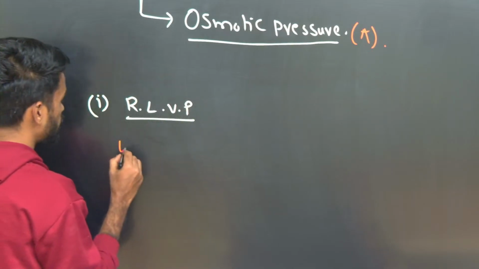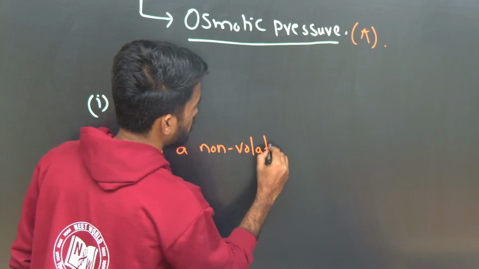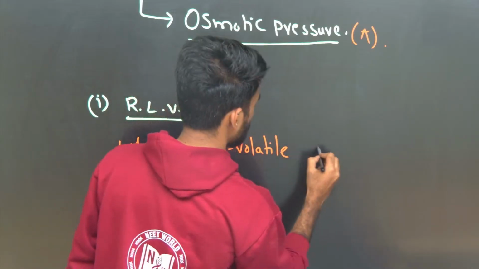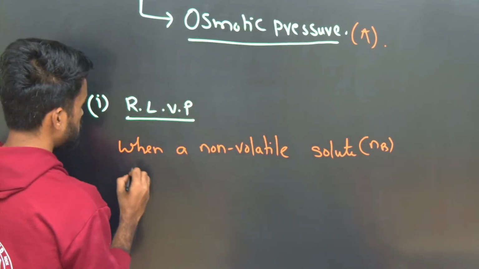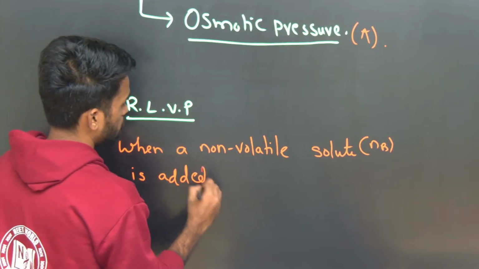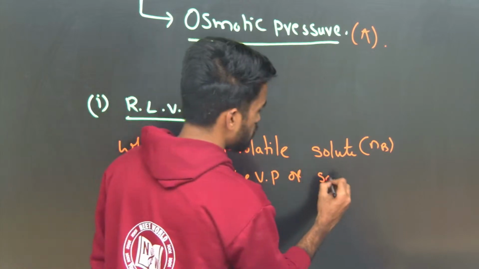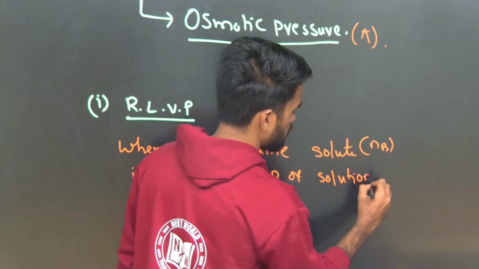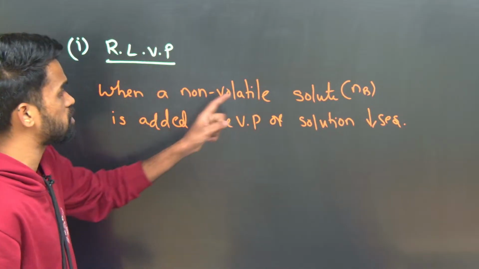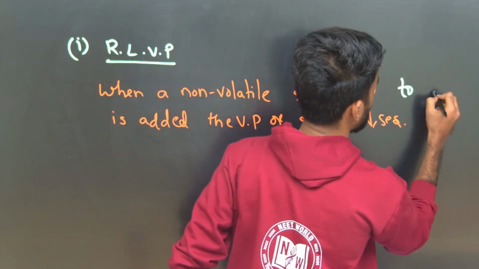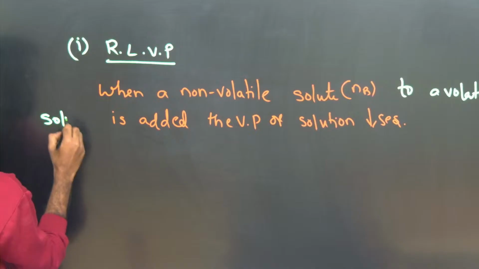So when a non-volatile solute (I am indicating it with NB) is added, the vapor pressure of the solution decreases. Why does it decrease? When we add a non-volatile solute to a volatile solvent, the vapor pressure of this volatile solvent decreases.